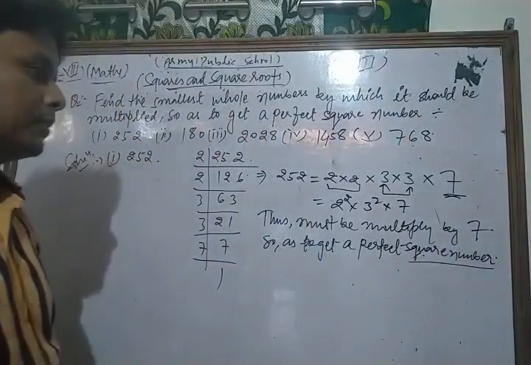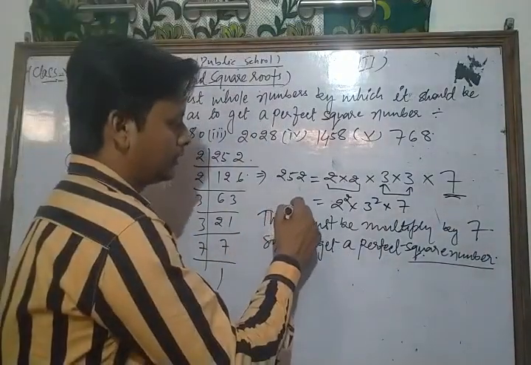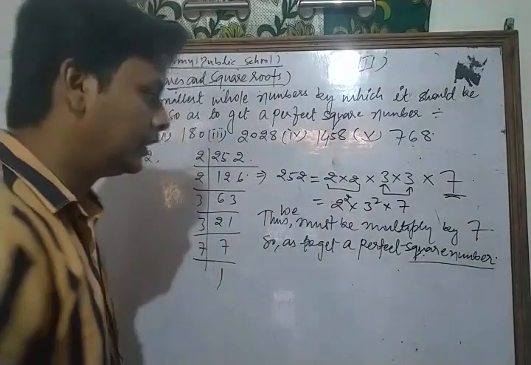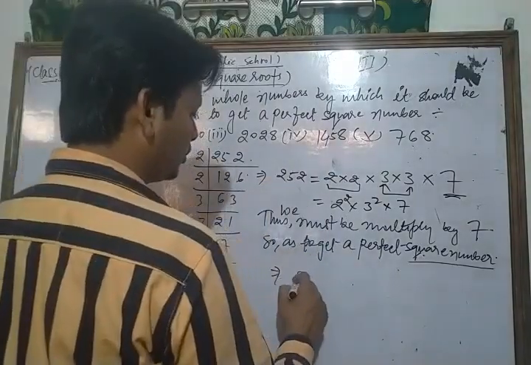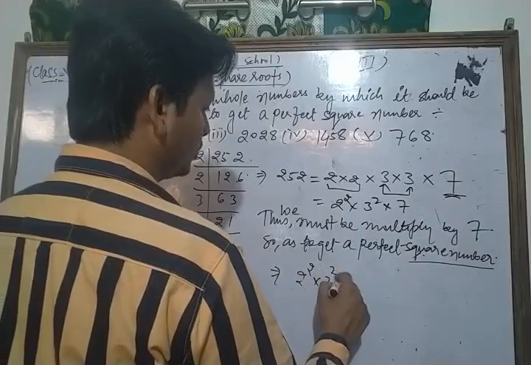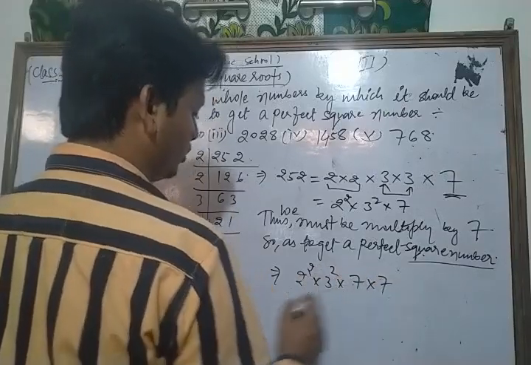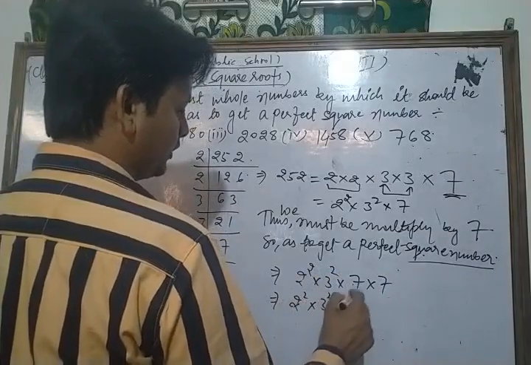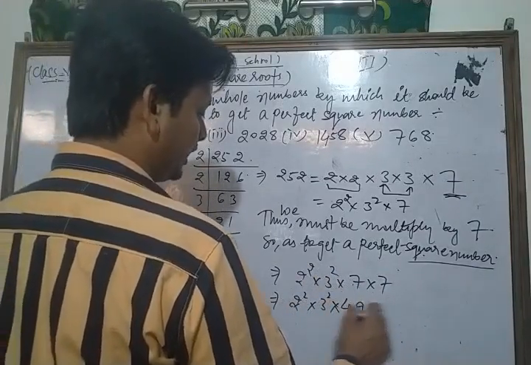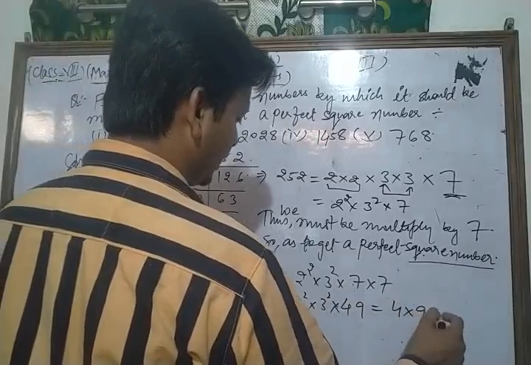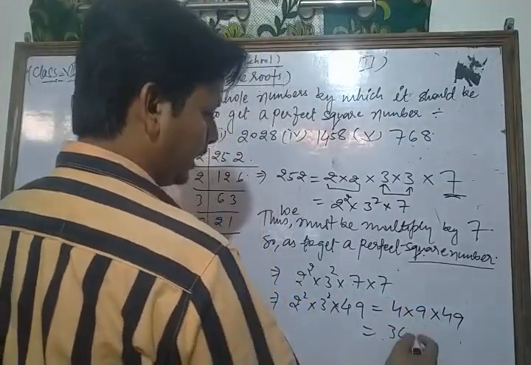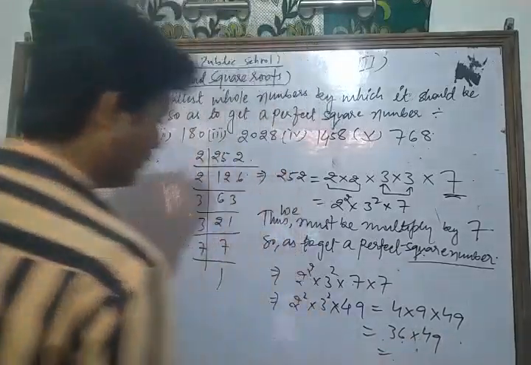That number will be what? 2 square into 3 square into 7 into 7. So we get 2 square, 3 square into 7 7s are 49, 2 squared is 4, 3 squared is 9, into 49. So 4 9s are 36 into 49, and that number will be what?